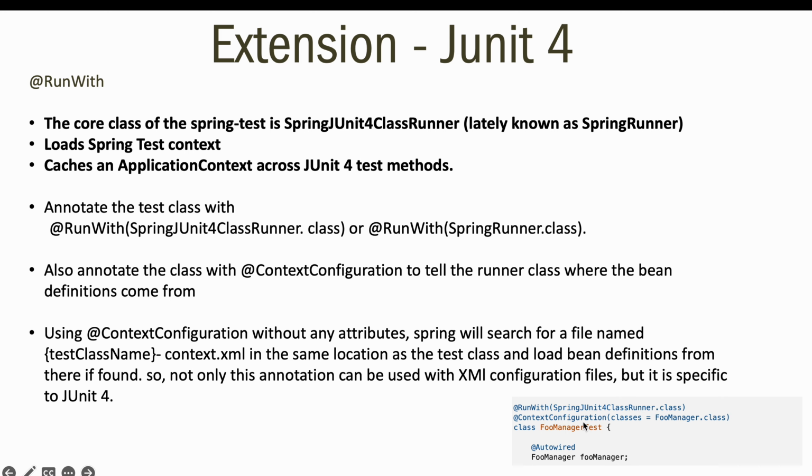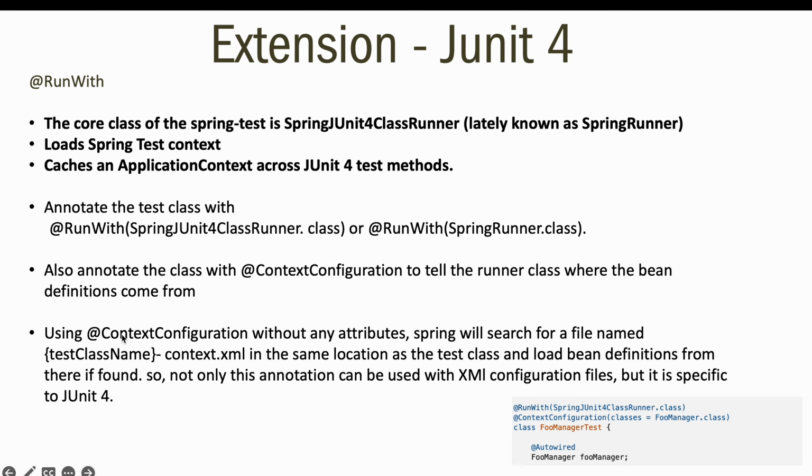Once you have indicated this as SpringRunner, you will also have to tell Spring how you want it to build your application context. To do that, you will use @ContextConfiguration to tell the runner class where the bean definitions come from. As I mentioned in the previous video, they can come from an XML file or from a Java class file.